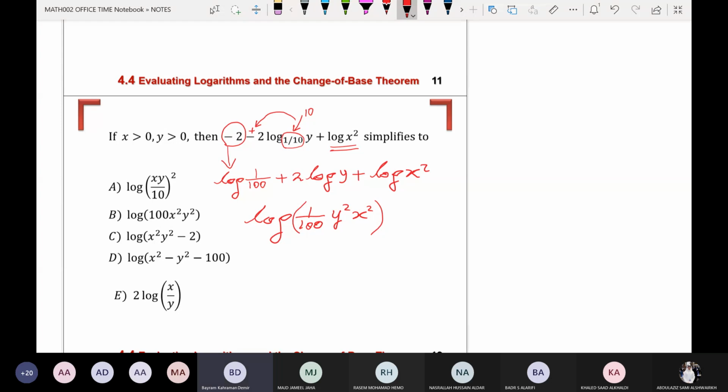It is multiplication of arguments. Of course, you should understand that this is logarithm of x square y square divided by 100. Or, if you like, you can write it as xy divided by 10, all squared, like that.